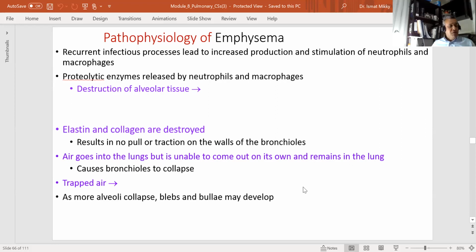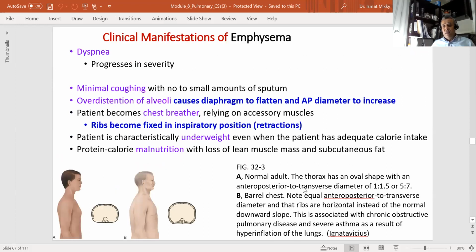Now, the air trapped in the alveoli from ineffective exhalation will result in hyperinflation of the alveoli and overdistension. And that again explains the barrel chest that patients will develop over time from emphysema. Emphysema is one type of COPD.